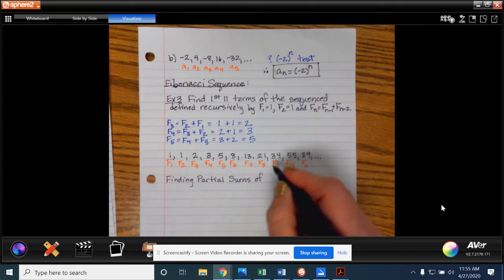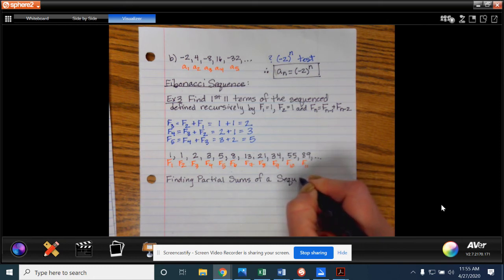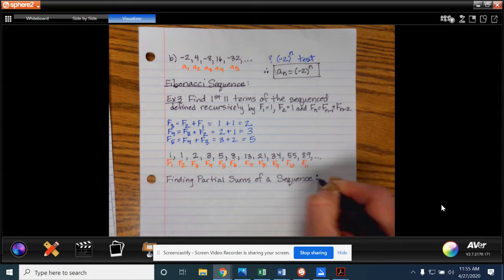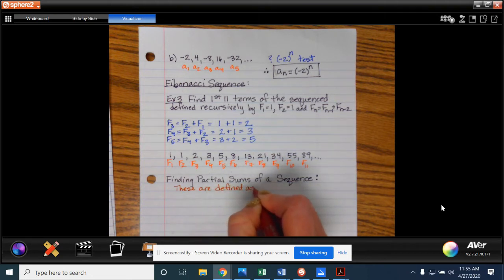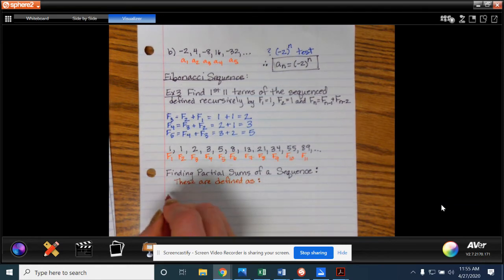of a sequence? What is the definition of that? Well, these are defined as the following. We have S of 1 would equal position 1.